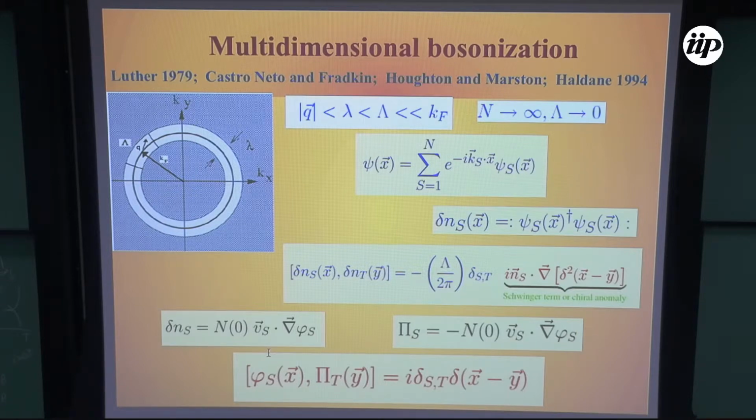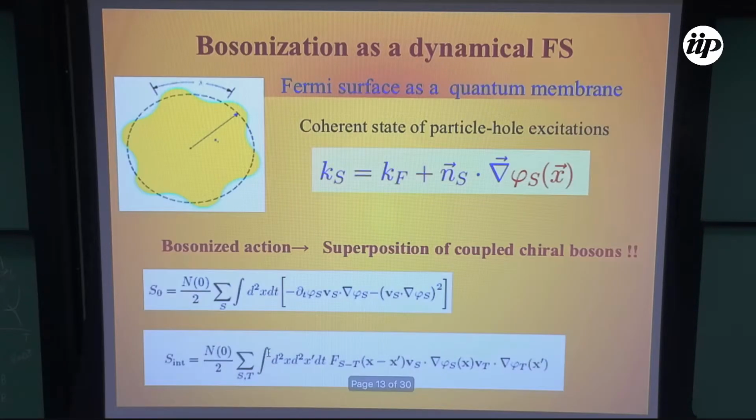This is essentially the essence of bosonization in 2 dimensions. You can do it in 3 dimensions also. And the physical interpretation of this is that this field is essentially a deformation of the Fermi point. You begin with some Fermi point, and this is a local deformation. So this field is parameterizing a coherent state of deformations in all the Fermi surface.